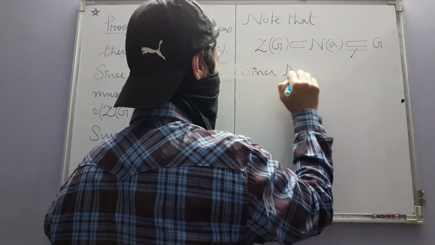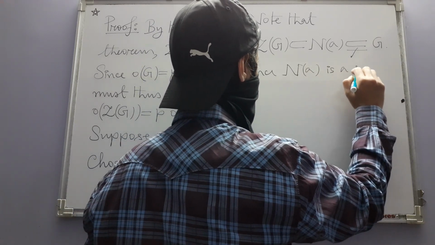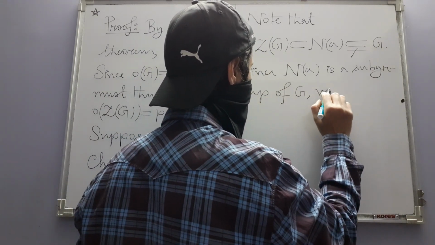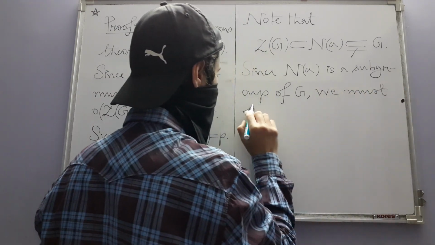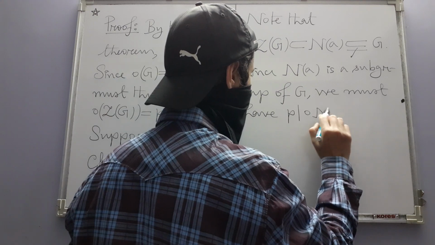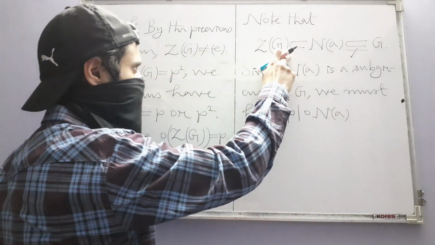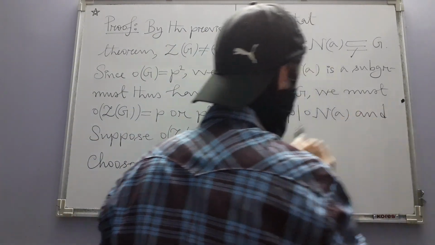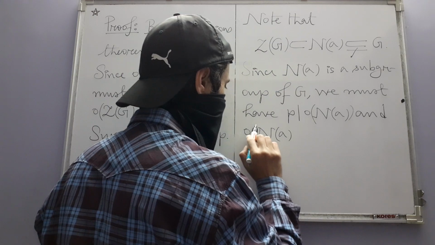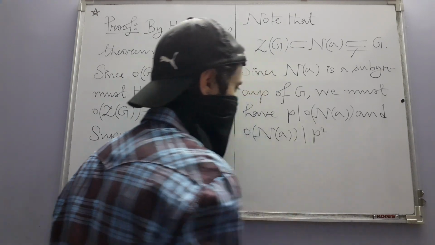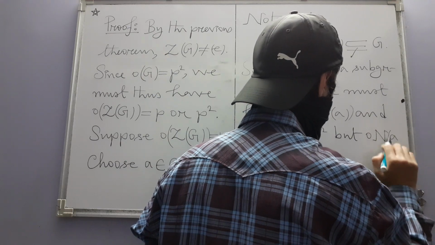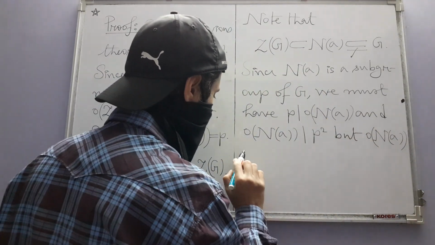Since NA is a subgroup of G, we must have P dividing the order of NA, and this divisibility comes from the first containment, and the order of NA dividing P square, but it is not equal to P square.